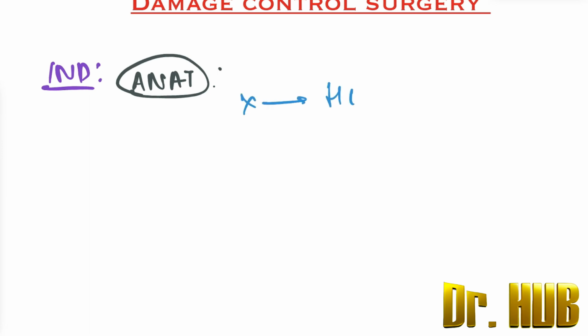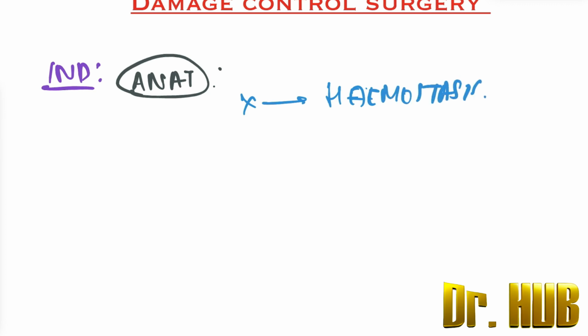So what are the indications of the damage control surgery? The first is the anatomical, which means the inability to achieve hemostasis.